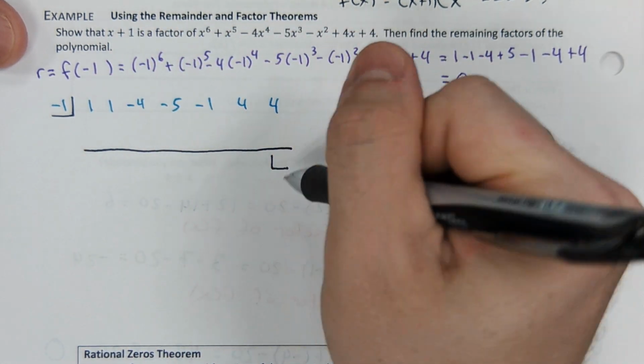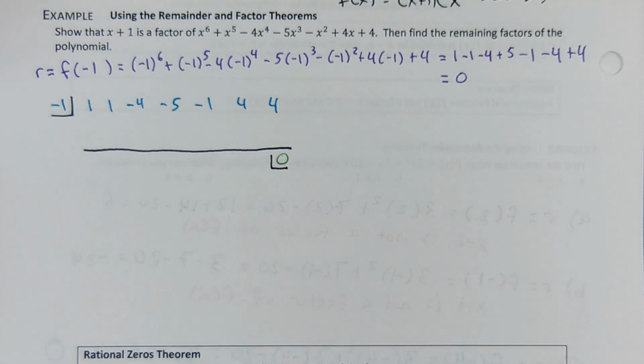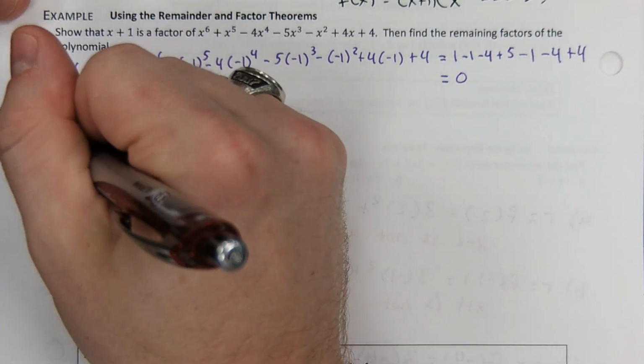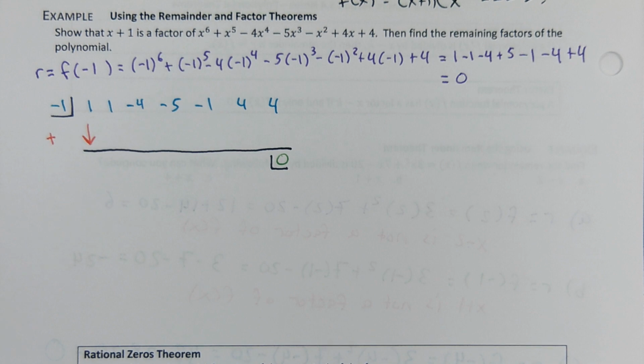And we already know that the remainder is 0. We just demonstrated that with the remainder theorem. The plus sign and the arrow are never required. I'm only doing it for good notes.